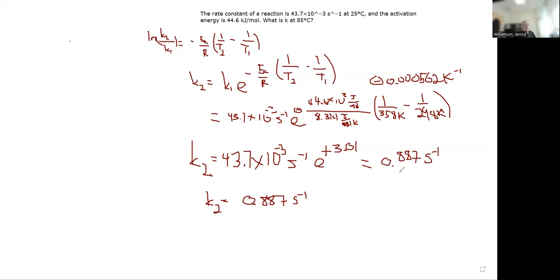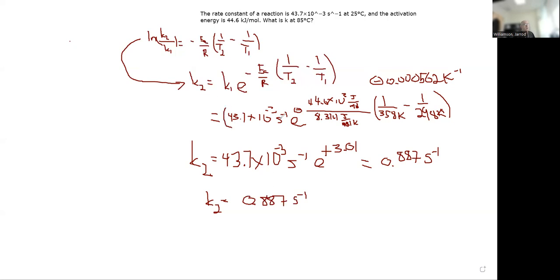If I got the wrong number here, it's probably because with my cell phone calculator, I punched in the wrong number the wrong way. But what I did is I took this equation, turned it into this one by exponentiating both sides and solving for K2.